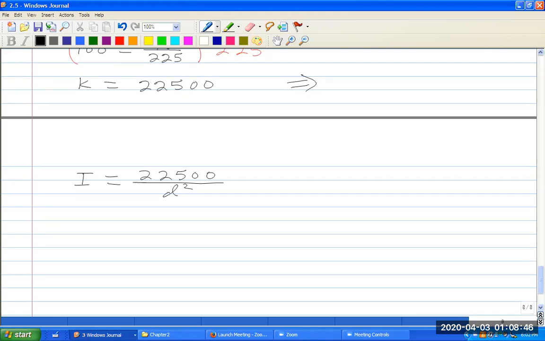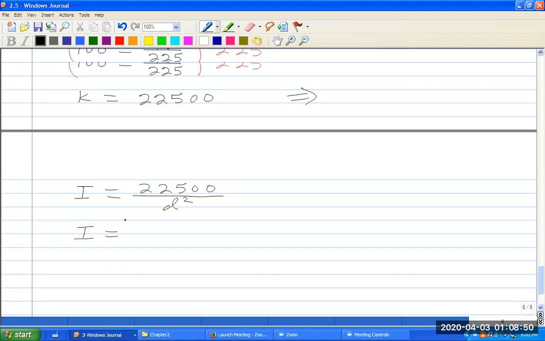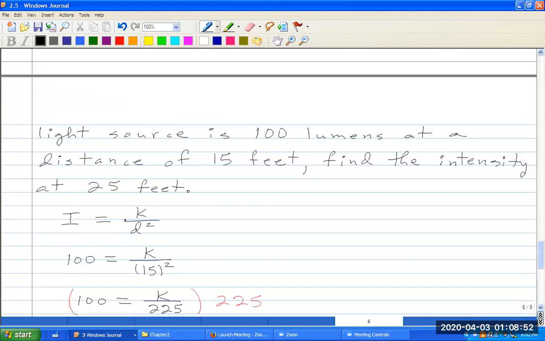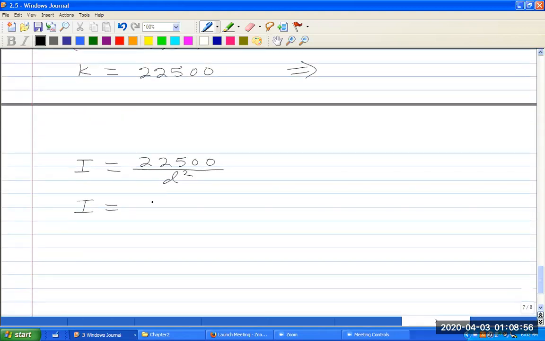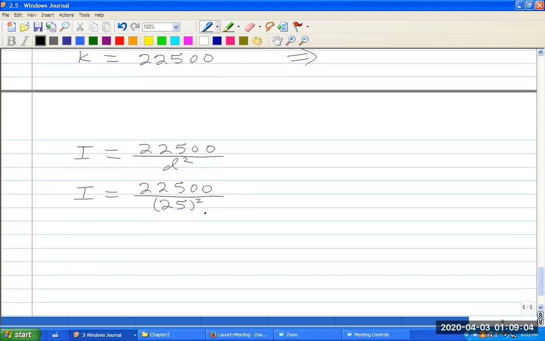So I want to find the intensity when the distance is 25 feet. So I have 22,500 over 25 squared.